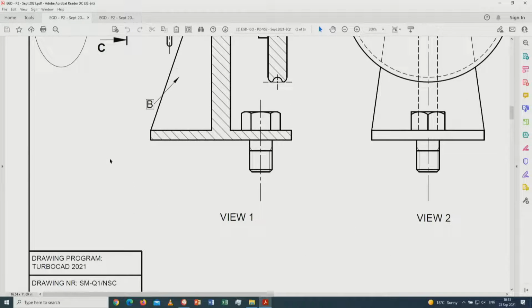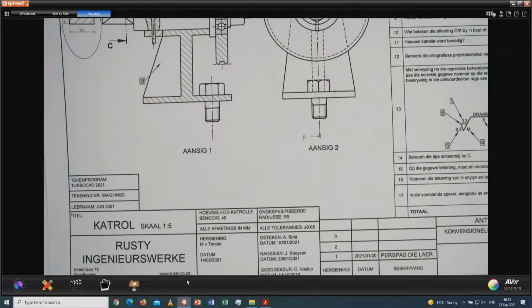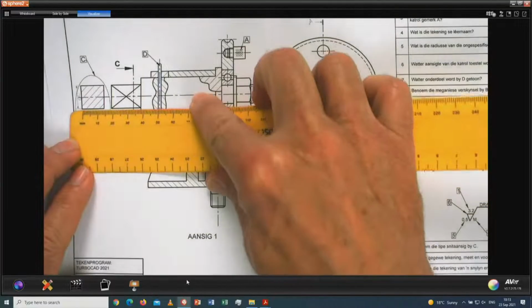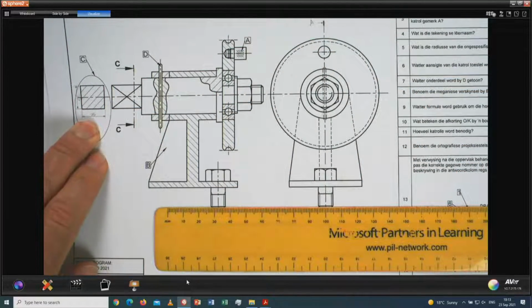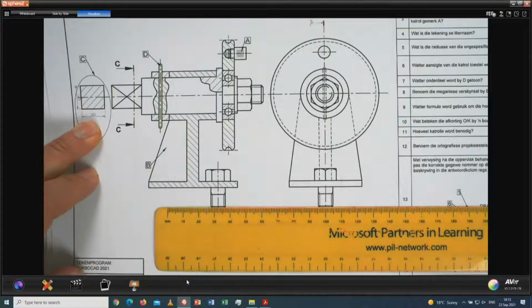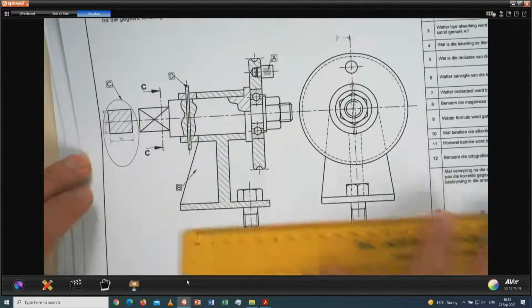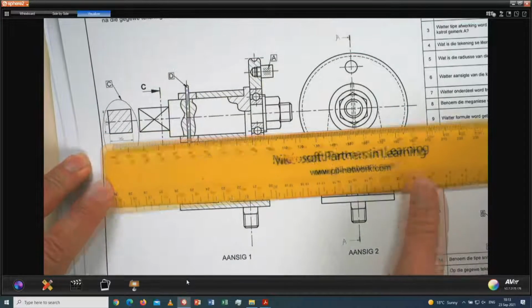So if a learner, say for instance, I'm using this part over here, and I just want to point out to you on this section of this drawing. This learner has got this dimension measured at 15, but he wrote 75. Now in fact, if that's 75, the answer is 100% correct, because you have used the scale of 1 to 5 to get the 15 millimeters and multiply that with the scale, which gives him 75.